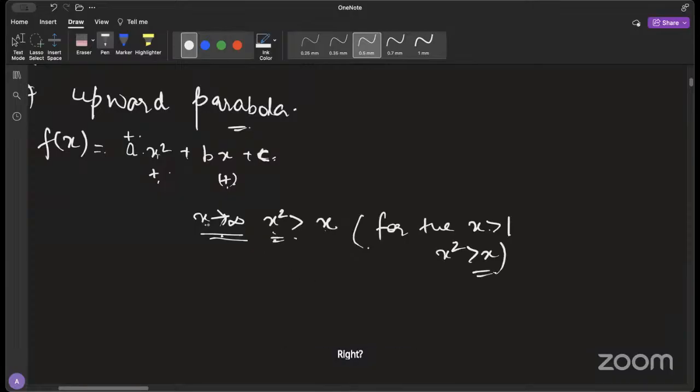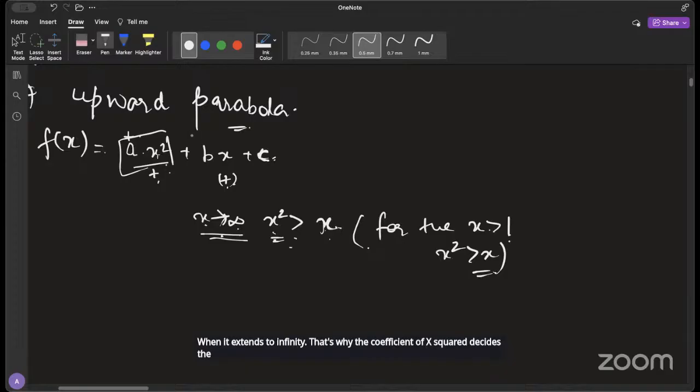So if x tends to infinity, eventually x is greater than 1, which means x squared should be greater than x. So the focus should be on the coefficient of this. The coefficient of x is not going to impact things because x is smaller than x squared when x tends to infinity. That's why the coefficient of x squared decides the upward or downward parabola.